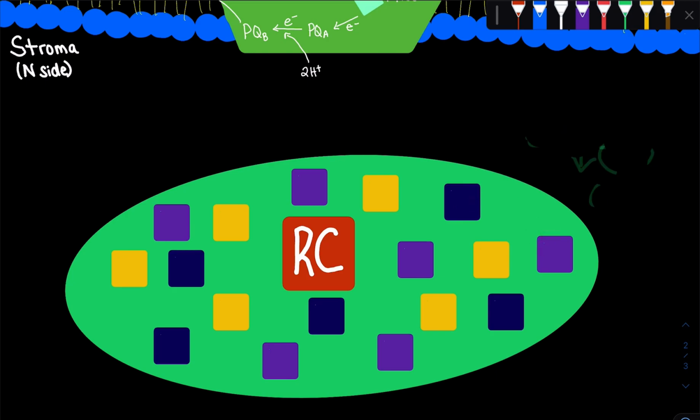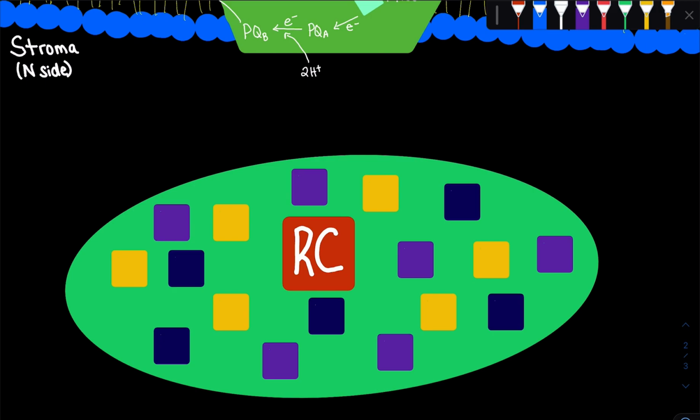This process will keep on occurring. That energy transfer is also known as an exciton. So that's the energy transfer going from one pigment to another. When that exciton, when that energy finally reaches the reaction center, one of the electrons in the reaction center is going to get excited, and it's going to be passed on.